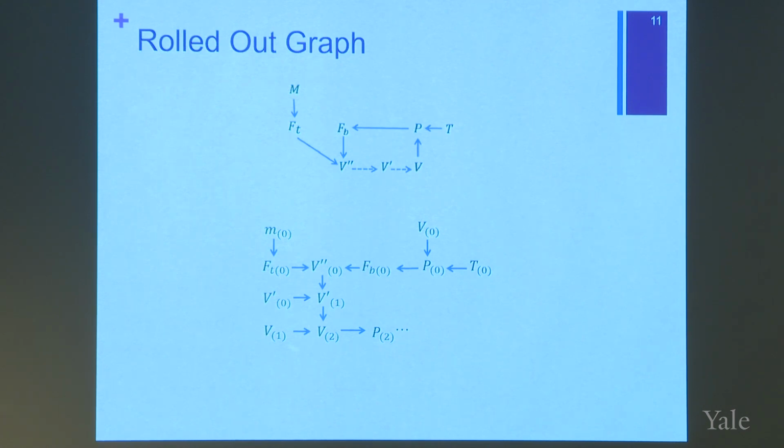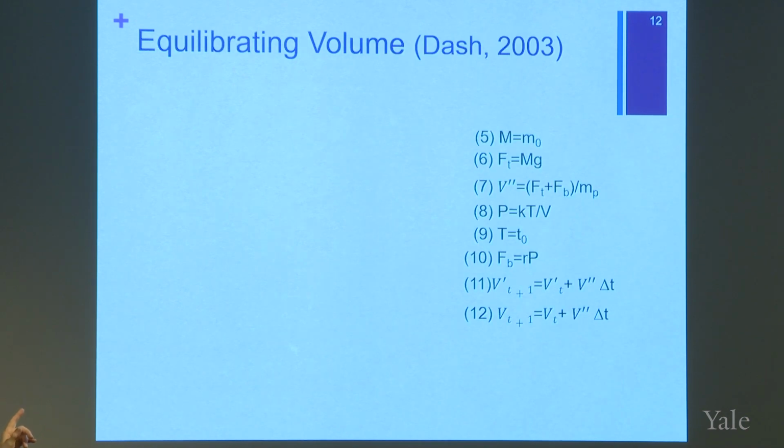Now, most importantly for us today is when you use the compact, not rolled out representation, you can apply an operation known as equilibration. And equilibration is when you take a variable in a dynamic graph that has not reached equilibrium, and you apply equilibration to determine what the equilibrium graph will be. Okay, so this works as follows.